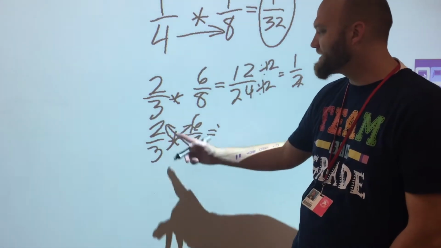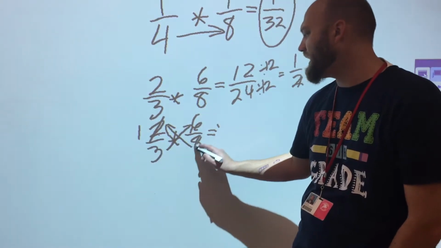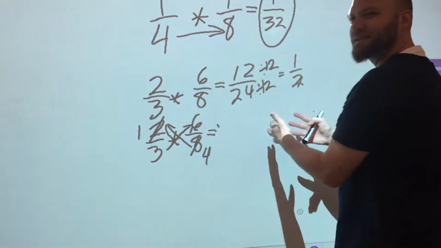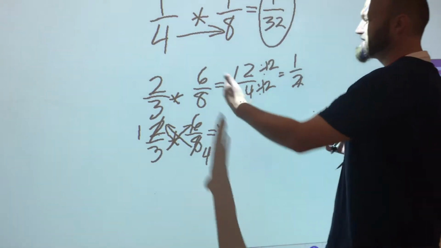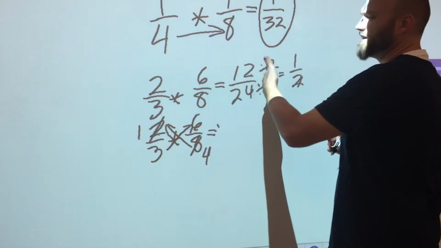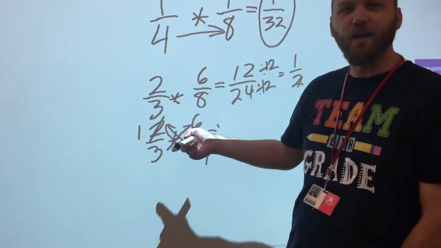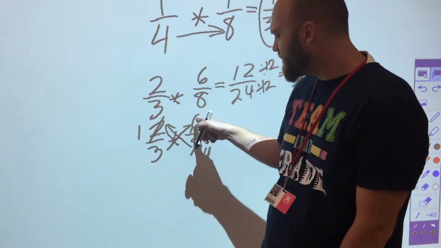And this is important too, because I can look this way and I can look this way. And I could say, all right, 2 and 8, 2 divided by 2 is 1, and 8 divided by 2 is 4. Really what I'm going to do is multiply by 2 and then divide by 2, right? Because I'm going to multiply this over and then simplify it. So I can cut that out right away. Looking for common factors this way, 3 and 6.